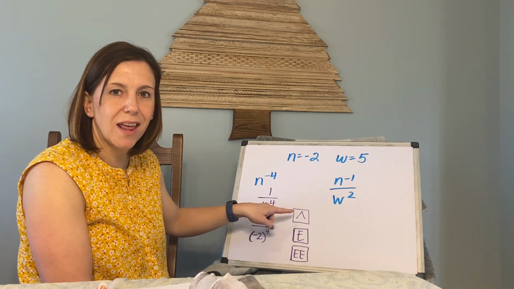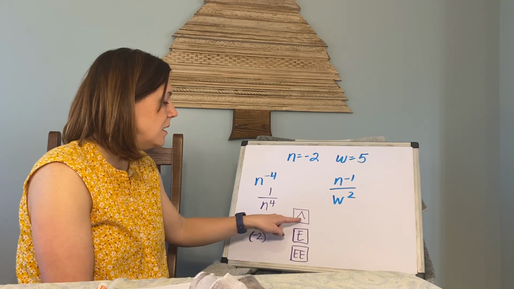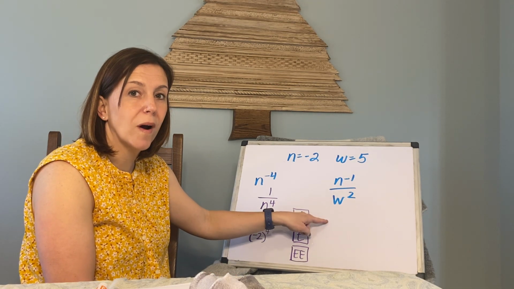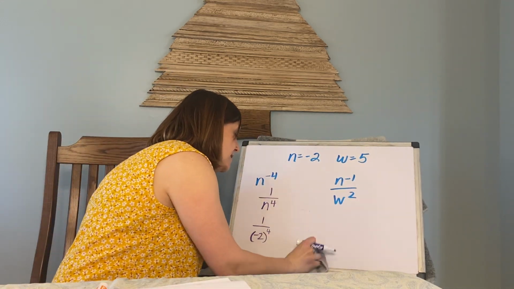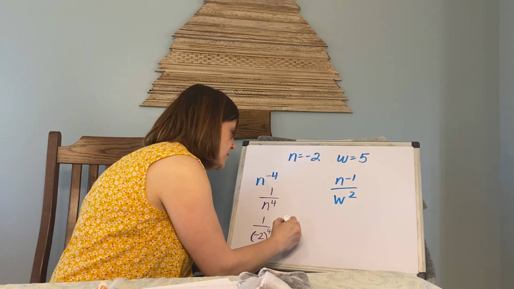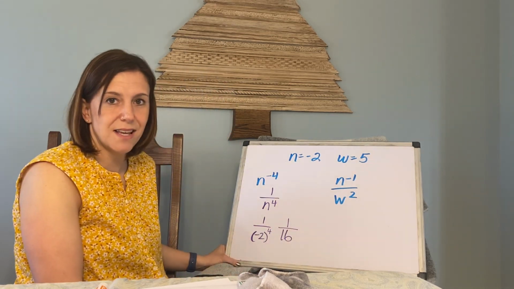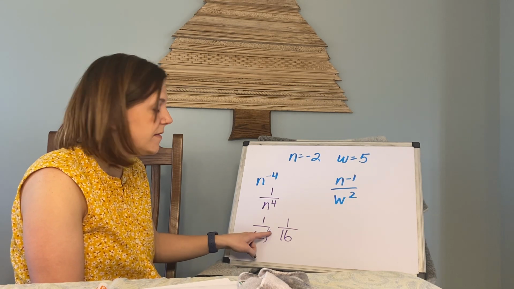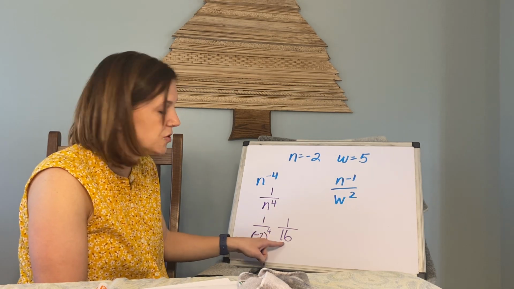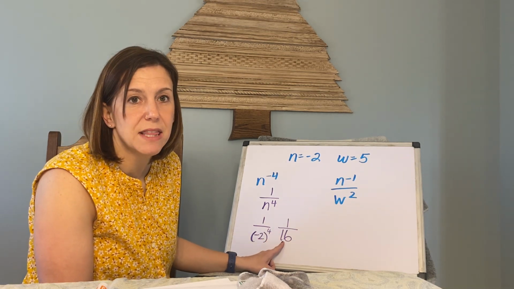This is a caret. And if you wanted to plug this in your calculator, you would type negative 2 caret 4. And then you should get that we have 1 over positive 16. Because I'm multiplying a negative number an even amount of times, I know that my answer is going to be positive. So the answer to the first practice problem is 1/16.